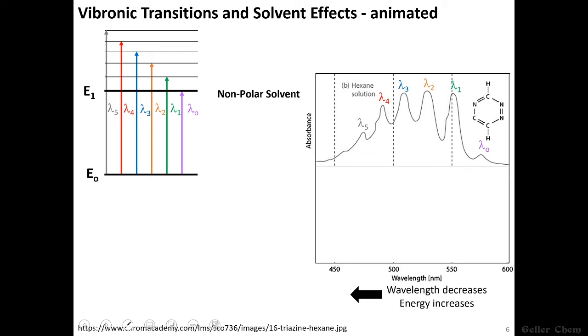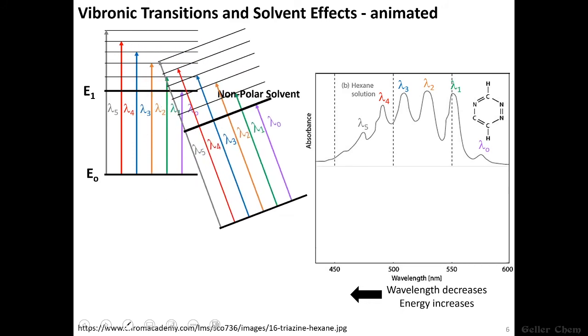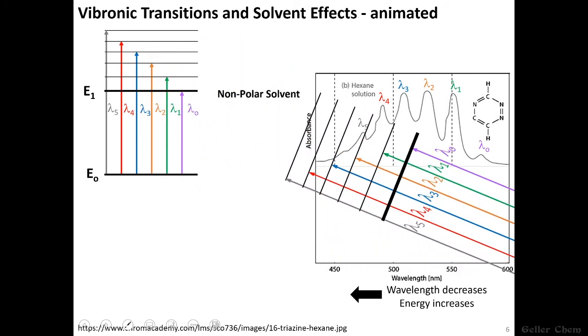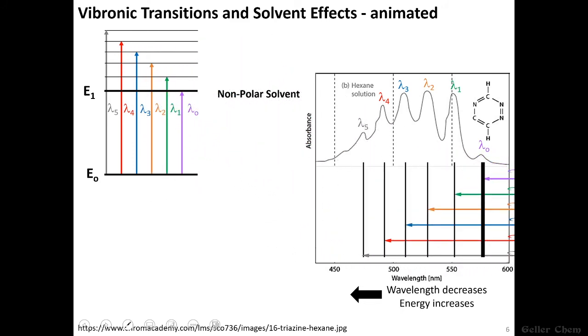In reality, the vertical axis of the Jablonski diagram syncs up to the horizontal axis of the spectrum, like so. Okay, that's really how those two diagrams line up. And by all means, pause the video at this point and make sure that you're seeing how this all connects.